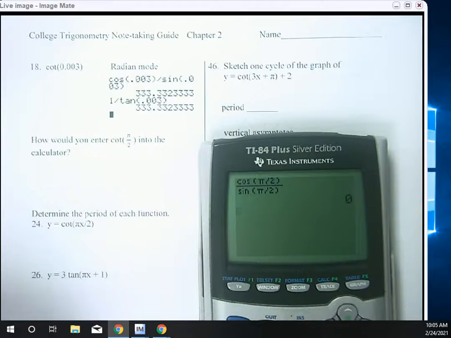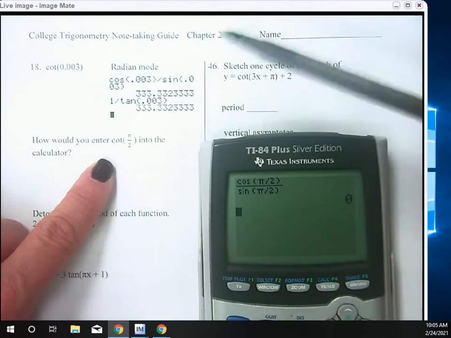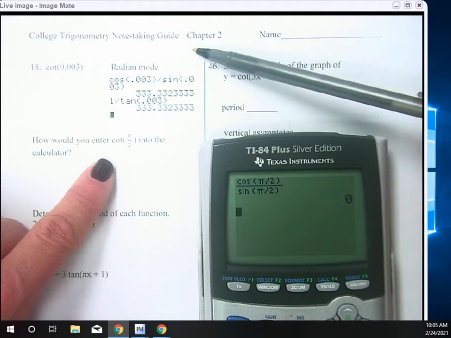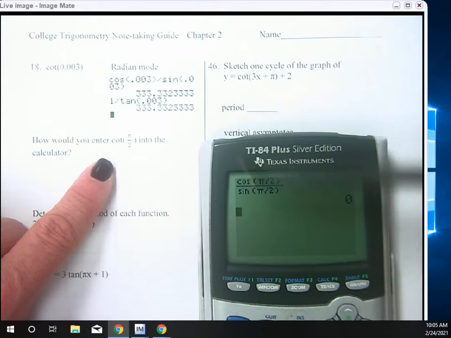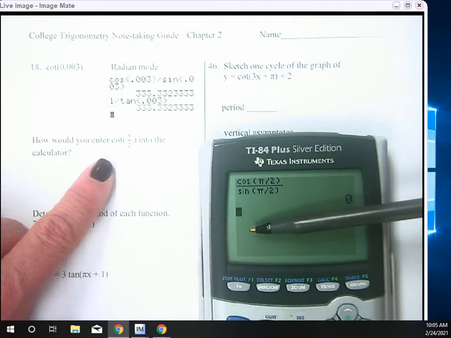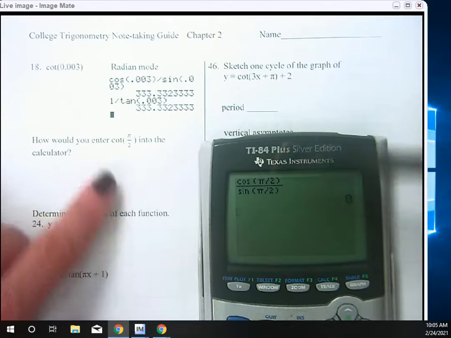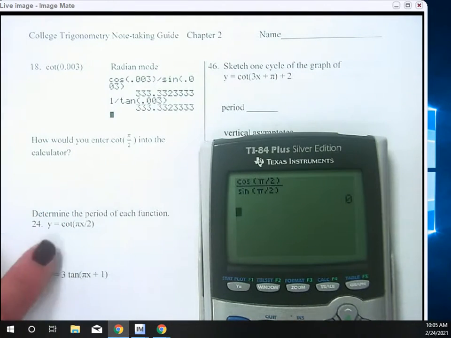And why is that? Remember back from the other page, the tangent of pi over 2 is undefined. The calculator knows that, so you can't put 1 over the tangent of pi over 2 in the calculator because the calculator will balk on that.